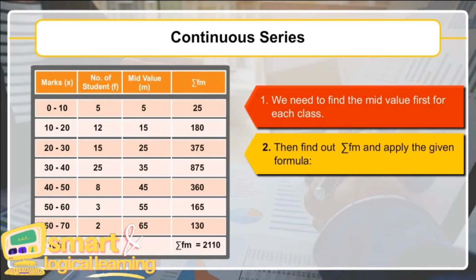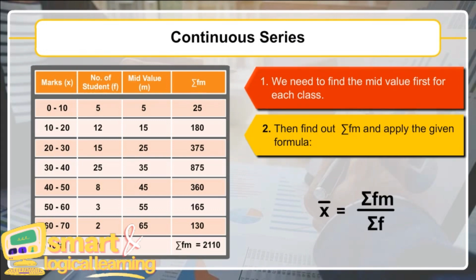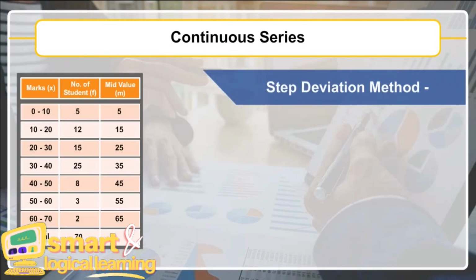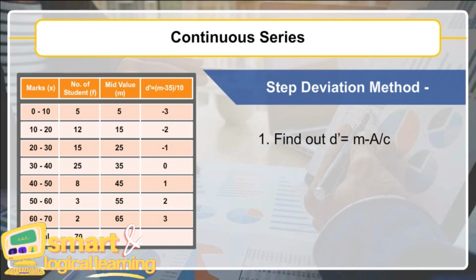Then find out summation fm and apply the given formula. X bar is equal to summation fm upon summation f. Step deviation method. Find out d dash is equal to m minus A upon c. X bar is equal to A plus summation fd dash upon summation f into c.